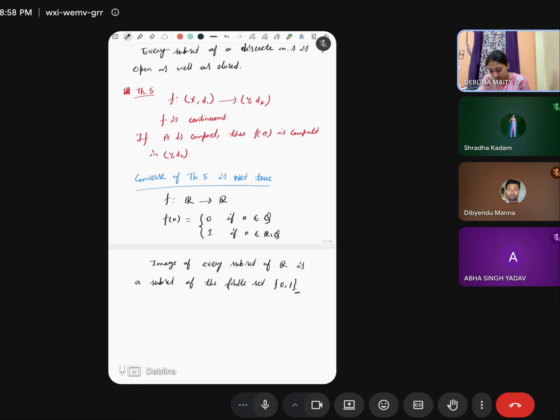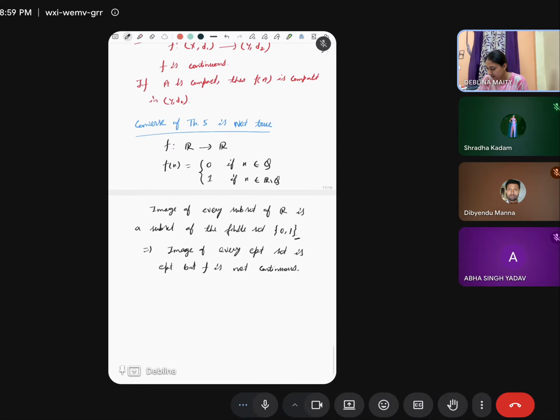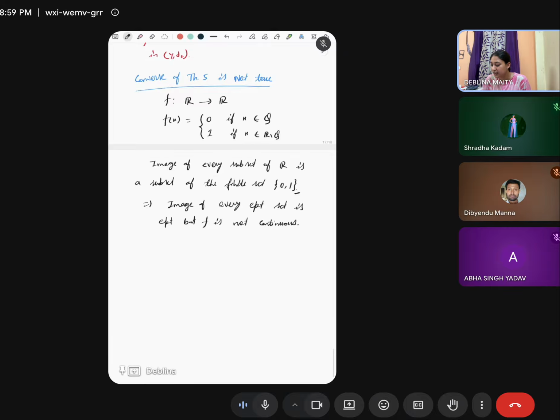So the image of every compact set is compact, but f is not continuous. And we'll see that any continuous function from a compact metric space is actually uniformly continuous.